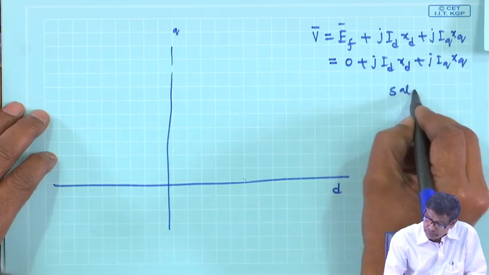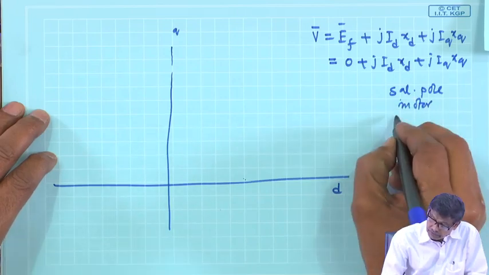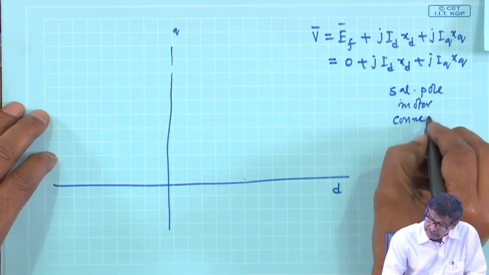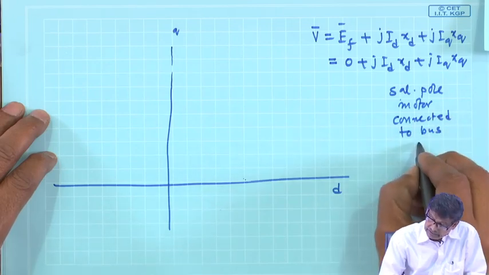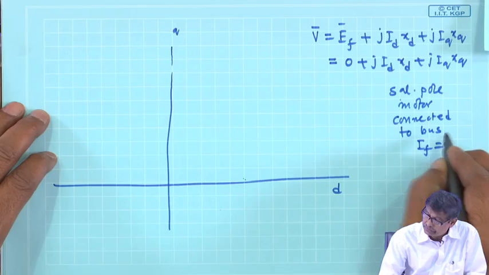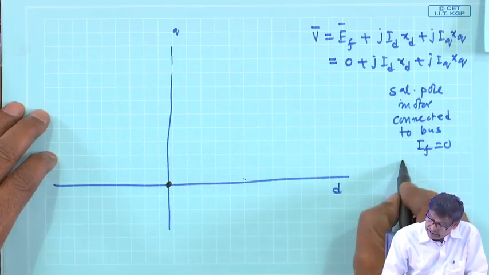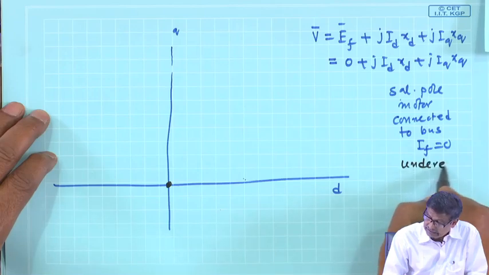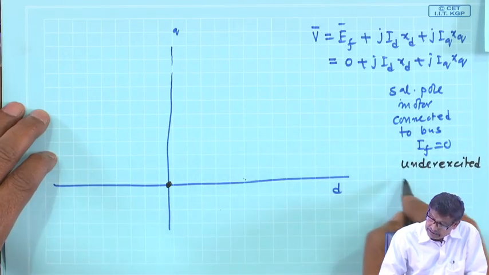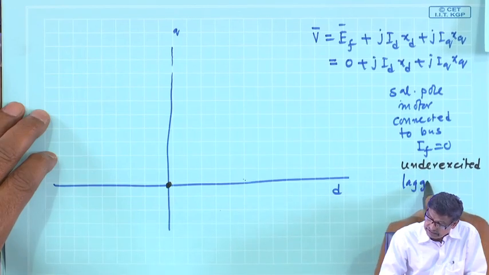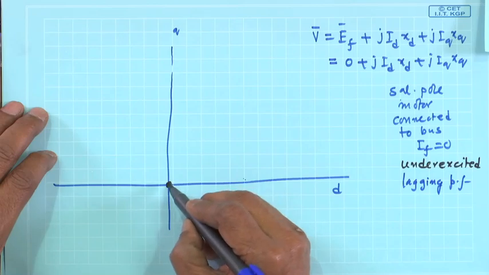This is a salient pole motor connected to bus, and with IF equal to 0. So field current is 0, and it is under excited. Therefore, it must be lagging power factor. These are the logic you put properly.